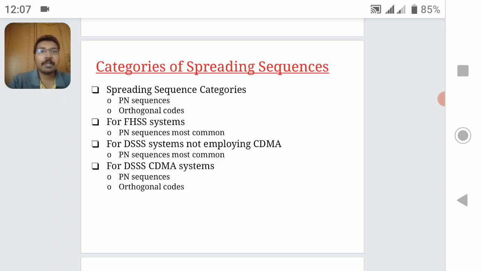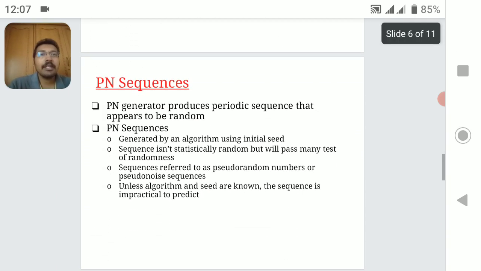For direct sequence spread spectrum systems which are not employing CDMA technique, here also PN sequence is the most common one. For direct sequence spread spectrum systems which employ CDMA, we are using PN sequence and orthogonal codes for spreading.